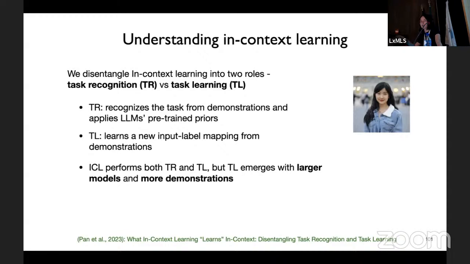We have some experimental design to disentangle these two parts. But if you increase the model size and use many more demonstrations, task learning plays a bigger role compared to task recognition. I think this paints a bigger and more comprehensive picture of these two hypotheses for understanding in-context learning.